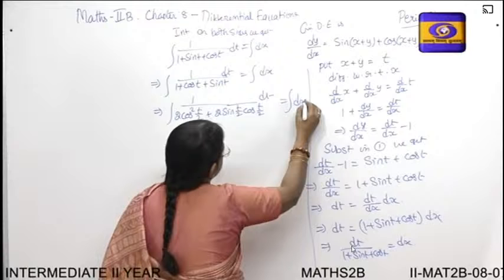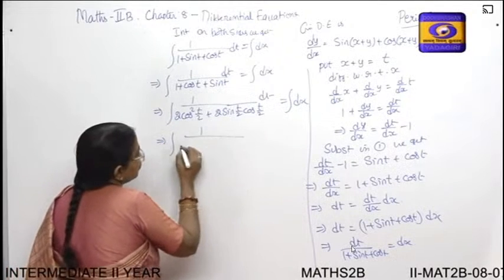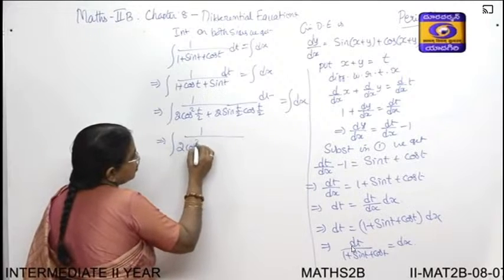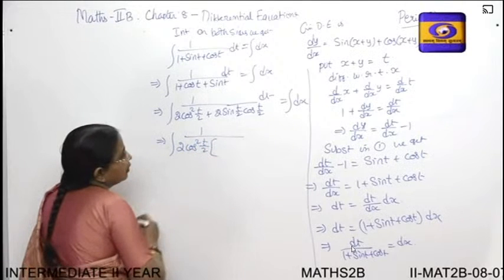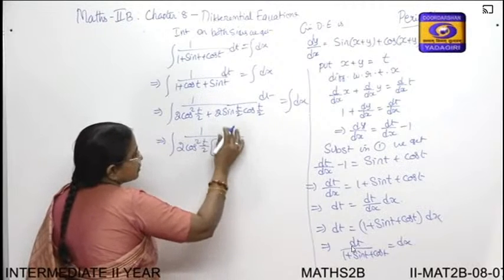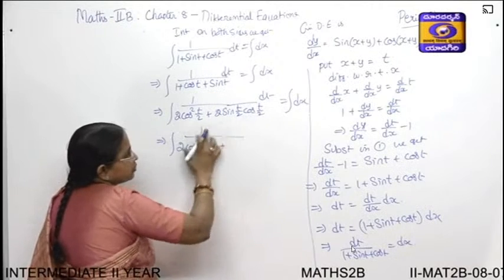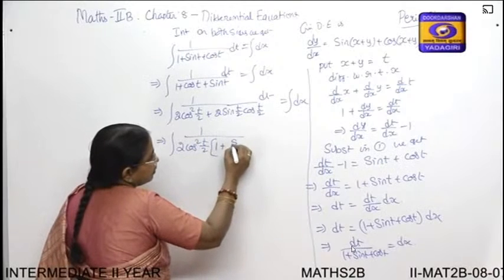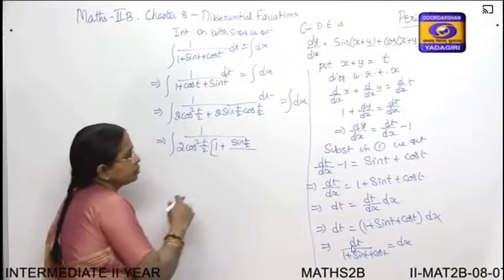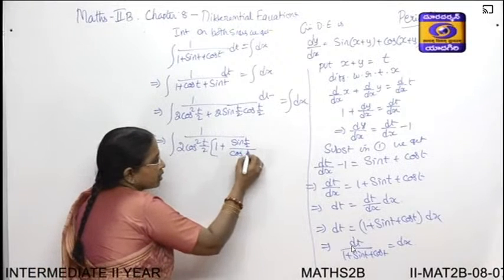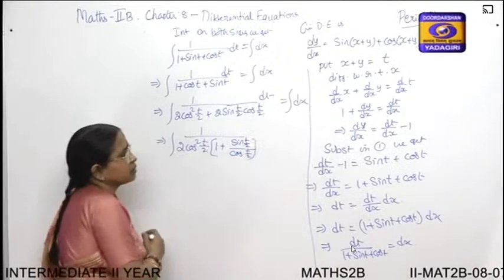Now from this you take 2 cos square t by 2 common. Then what is left here? 1 plus 1, 2 you have taken, cos t you have taken, sin t by 2 will be left out. And then you have taken cos square t by 2. So here you should write 1 plus sin t by 2 over cos t by 2.